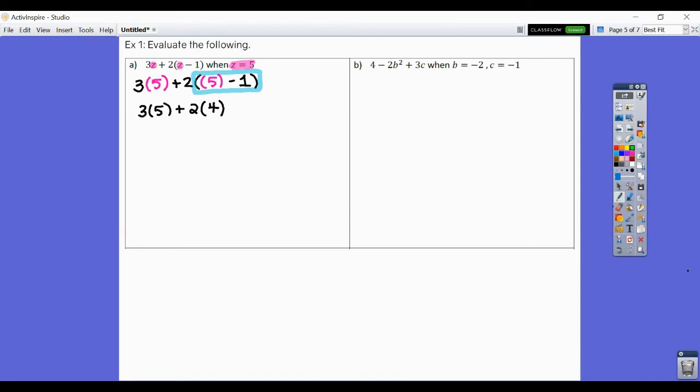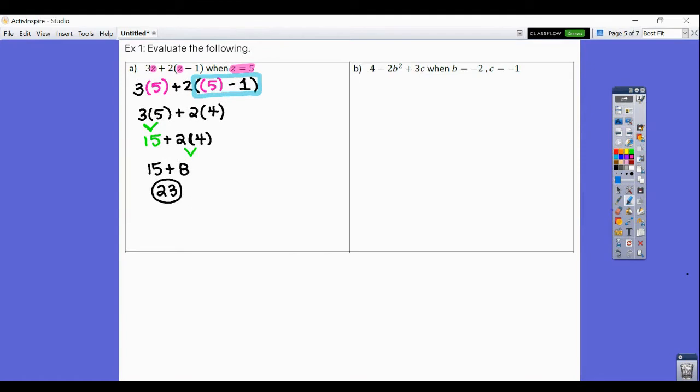From here, going left to right, we'll do multiplication. So the first multiplication I have is 3 times 5. That will be 15. Then I'll bring down the addition of 2 times 4. I'll do the multiplication of 2 times 4 next to become 8. And then I will add because that is the only operation left. 15 plus 8 will give me 23.